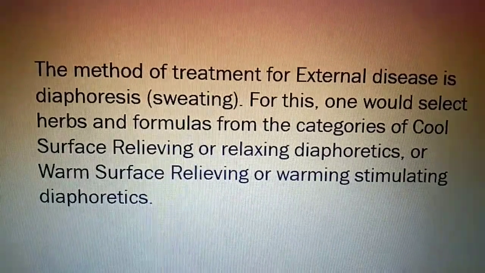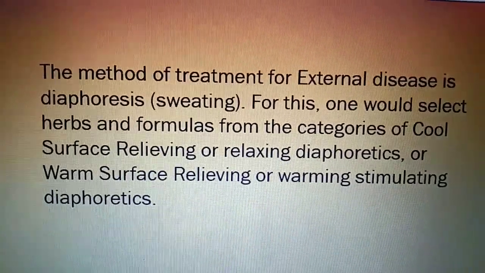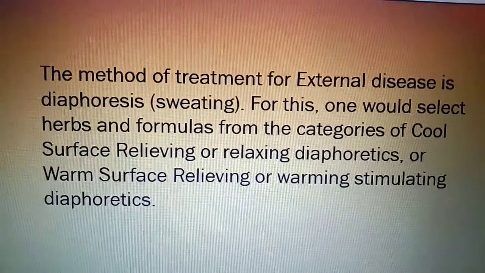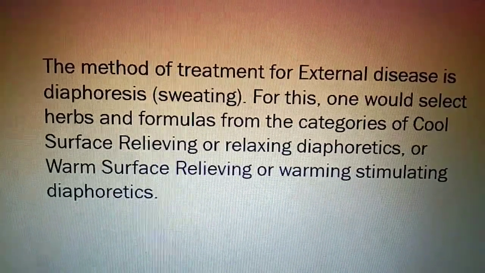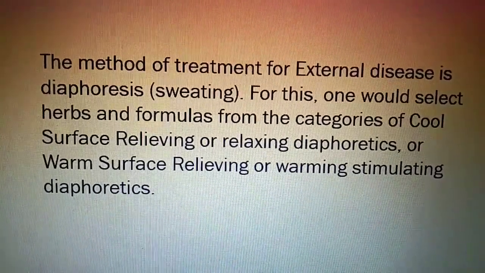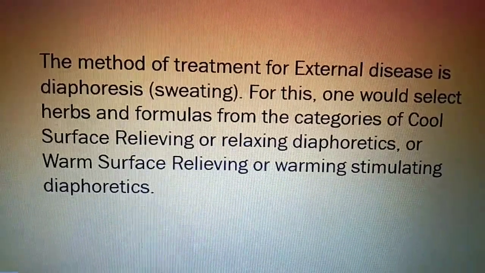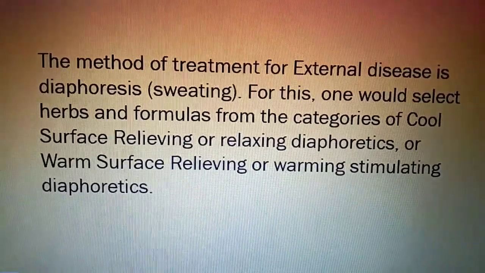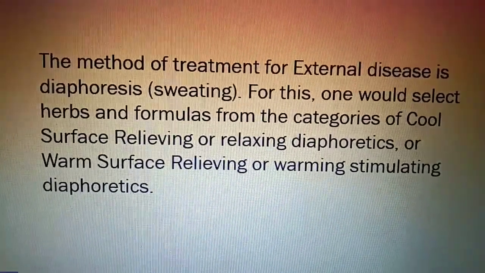The method of treatment for external disease is diaphoresis, or sweating. For this, one would select herbs and formulas from the categories of cool surface relieving or relaxing diaphoretics, or warm surface relieving or warming stimulating diaphoretics.